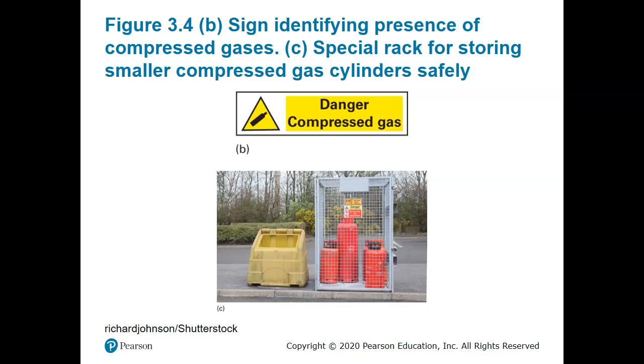So you can see flammable materials as designated by these red cylinders. These are usually kept apart from non-flammables as a general safety precaution. And you can see, again, we've got a cage here for this outdoor facility to help keep them separate.